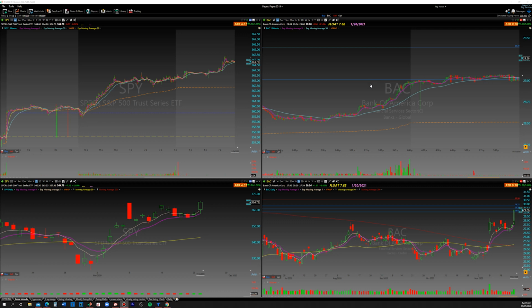So, a little backstory before I start digging into it: when I first started, I have the type of personality that will really try to overanalyze everything. In the beginning, I found myself doing that on charts, especially in situations where, for visuals, let's say we were shorting Bank of America here, the market was strong.